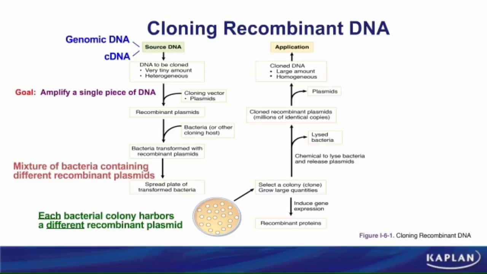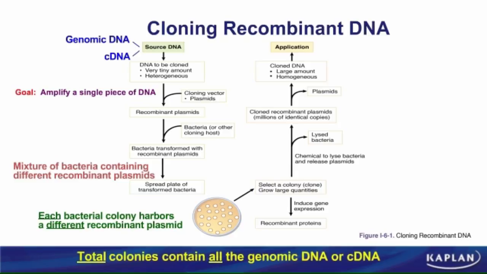That colony might have the insulin gene. Another colony may have the alpha globin gene. Another colony may have the beta globin gene. And importantly, on that dish of agar, the total colonies on that dish contain all of the genomic DNA or cDNA that came from the top of the figure as the source of the gene, the source of the DNA.